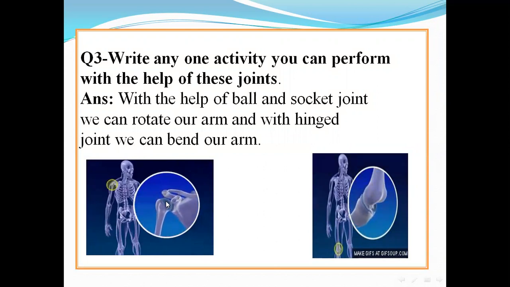And with hinge joint, we can bend our arms, like a door hinge. Keep in mind, with ball and socket joint we can rotate our arm, and with hinge joint we can bend our arm.